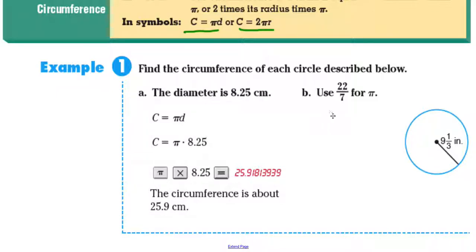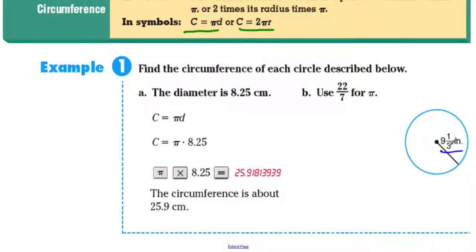Moving on, let's use 22/7 for pi in this particular circle. Why did we use 22/7? Because if you look at that circle, you notice that it has a radius of 9 1/3 inches.